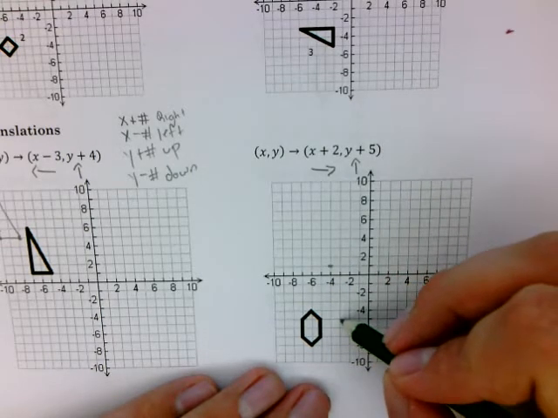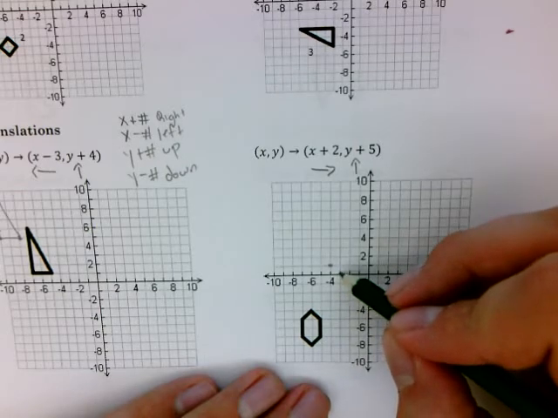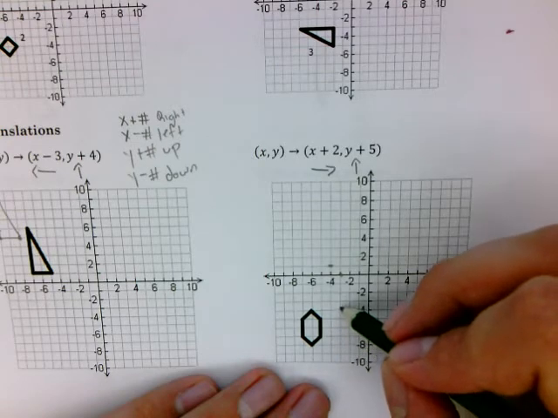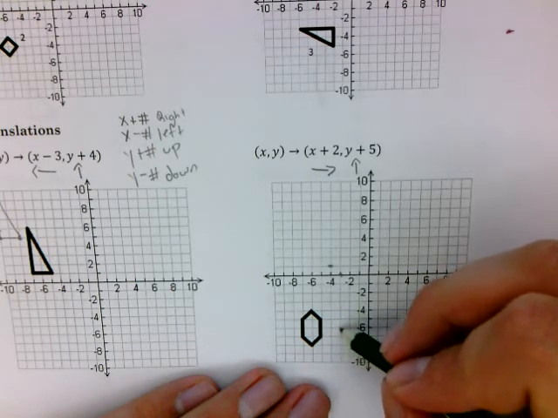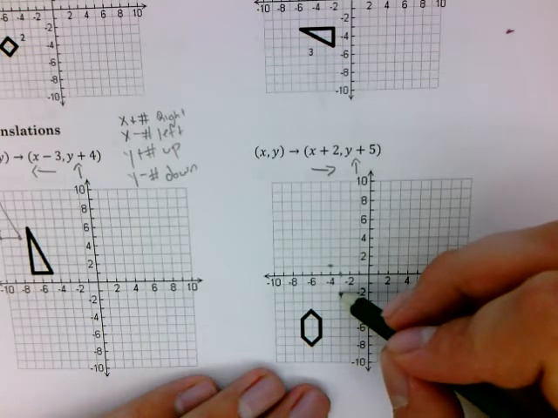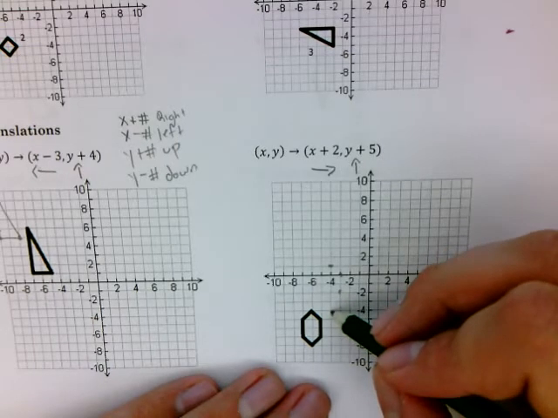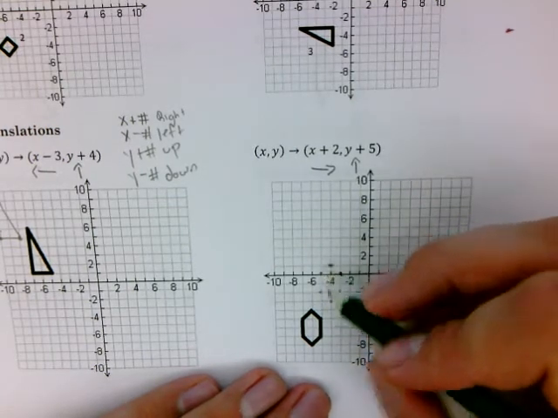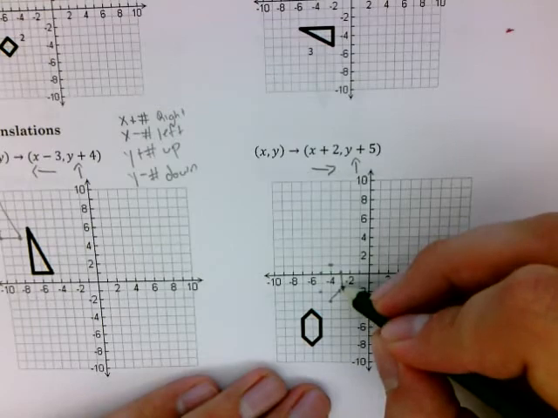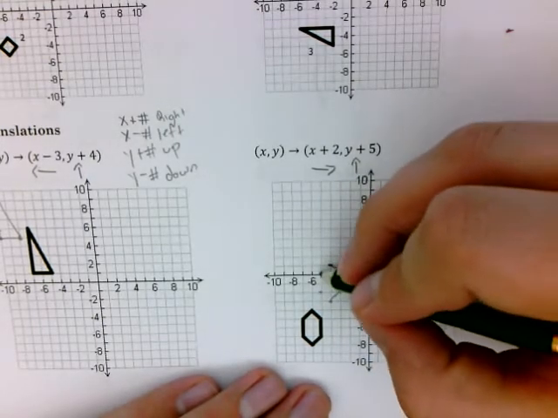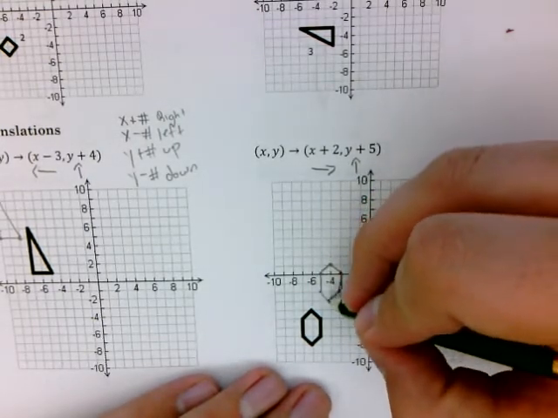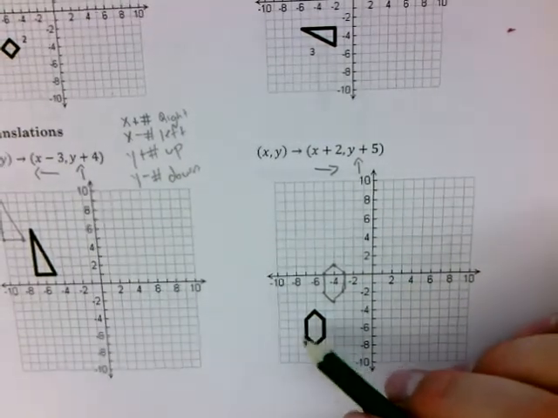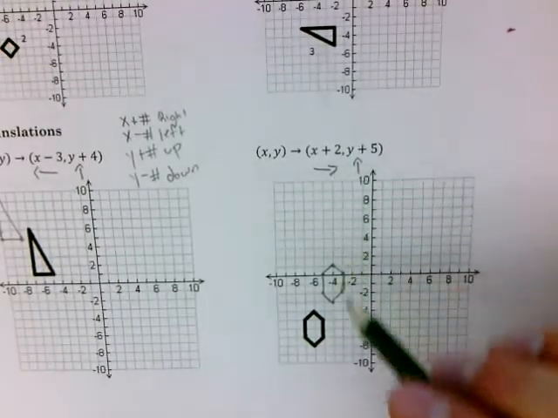Right 2, up 5 again. We're going to keep doing this until our shape looks like this. It's not perfect, but it's close enough. So this object went to the right 2, up 5.